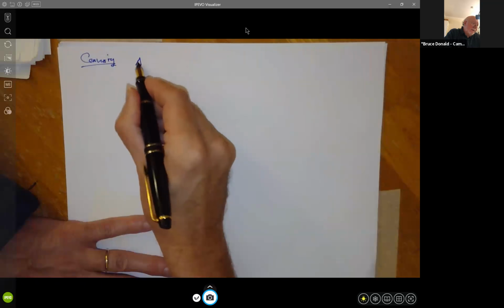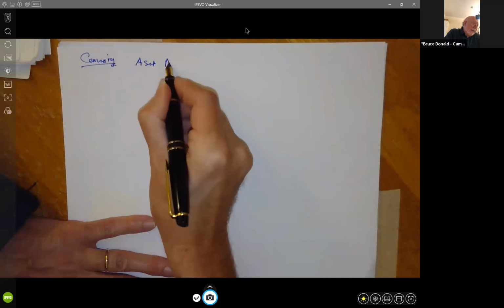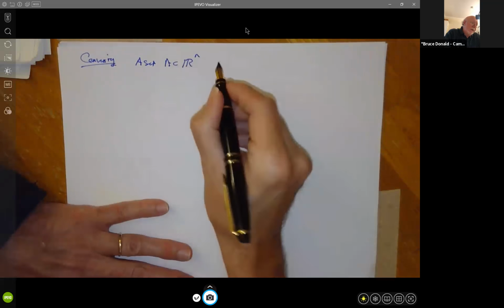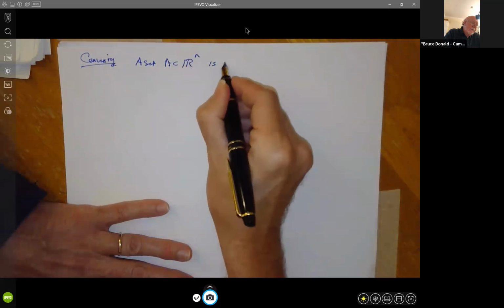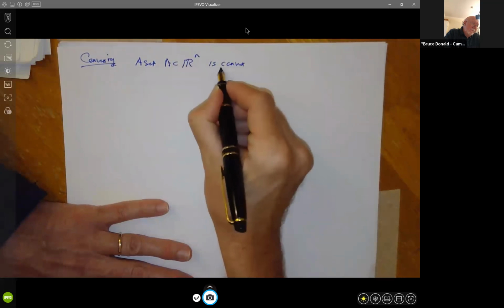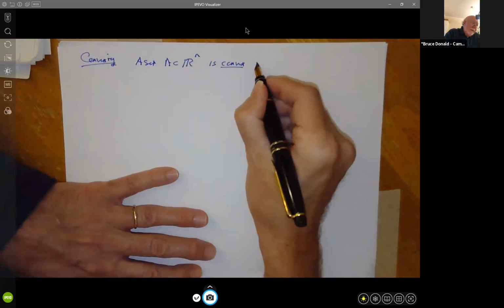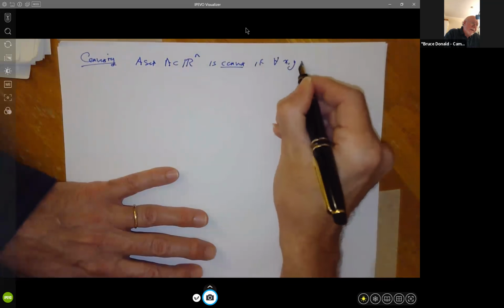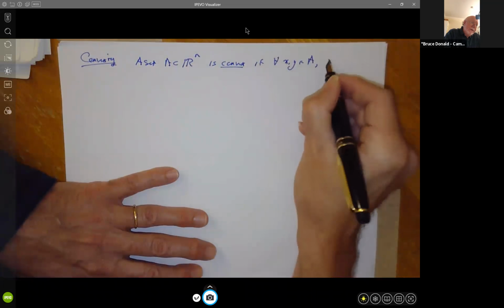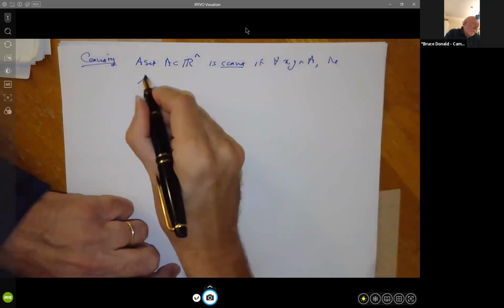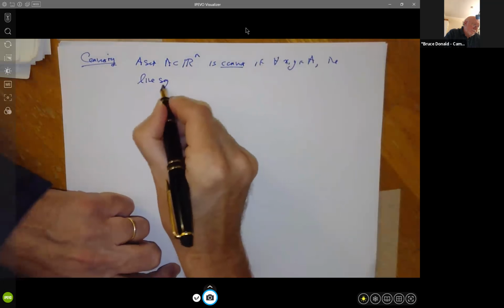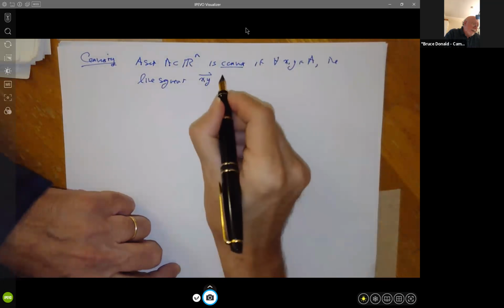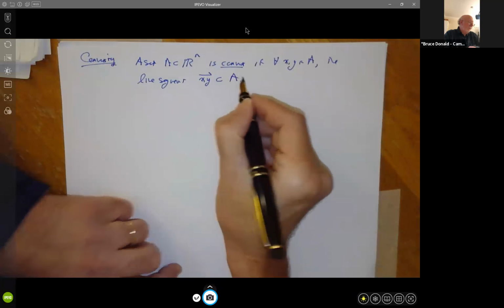So if we have a set, say A, and it's just in real space, I don't really care about the dimensions, say R^n, we call it convex if for all points X and Y in this set, the line segment XY is entirely contained within A.